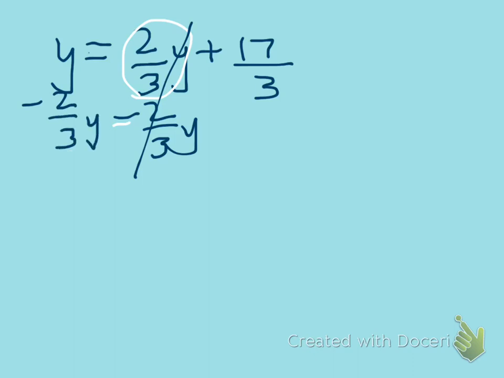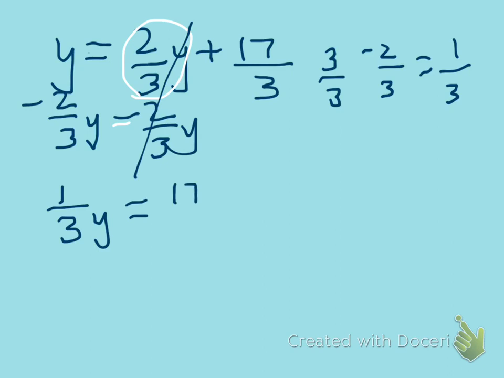Okay, so now I'm performing 1 minus 2/3. And when I find a common denominator, the 1 actually becomes 3/3. And I'm left with 1/3.